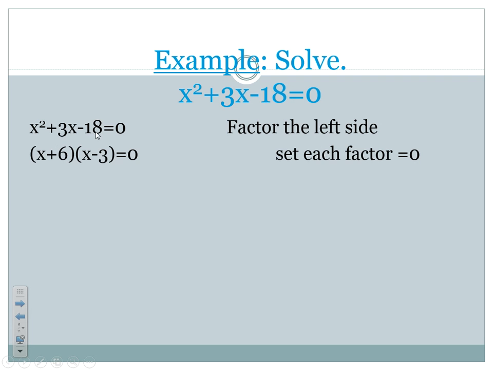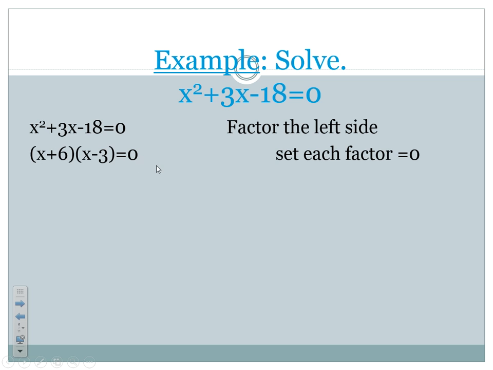This is a trinomial where a is equal to 1. So we give the factors for x squared, which is x, and then we list the factors of negative 18 that will add to be a positive 3, which will be plus 6 and negative 3. So therefore we factor it to be x plus 6 times x minus 3 equals 0.